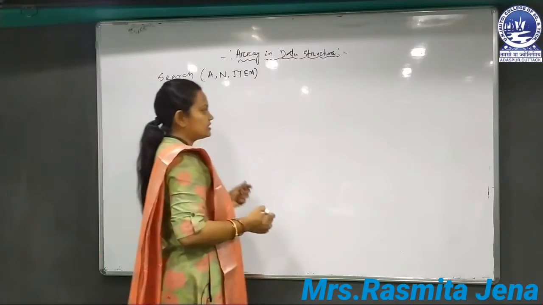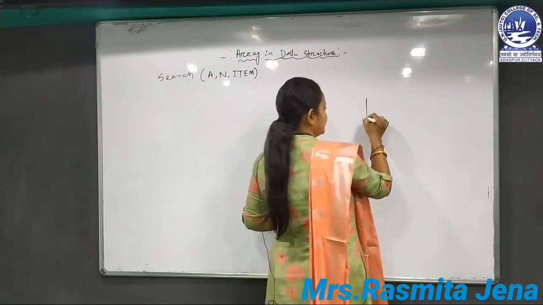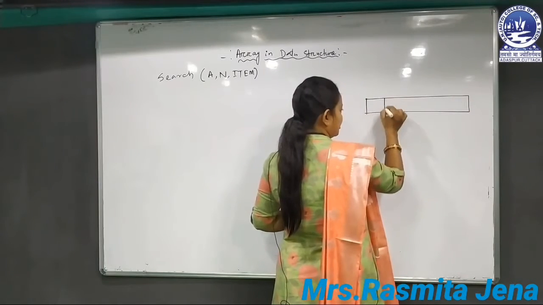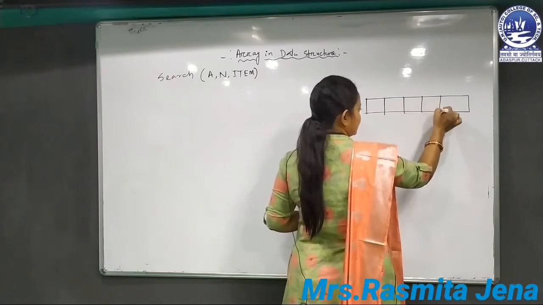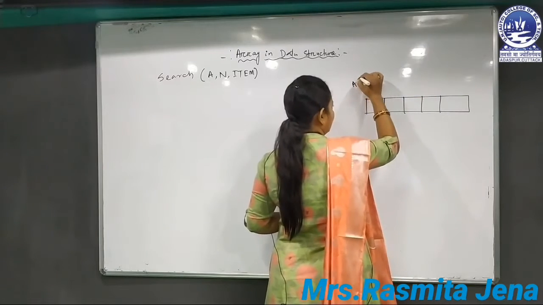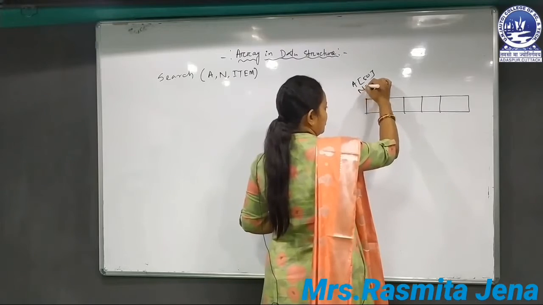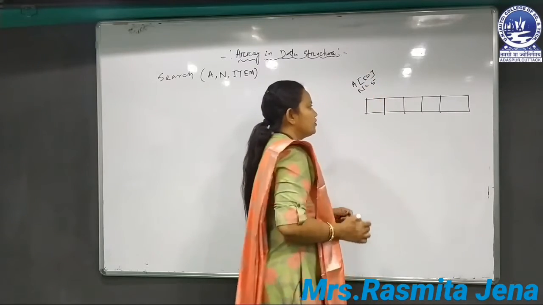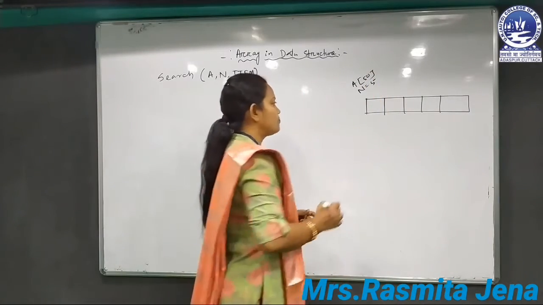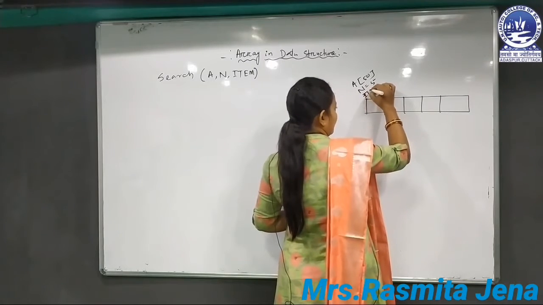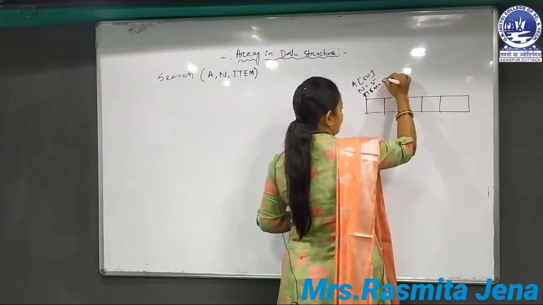Okay. Let us see the memory representation of the linear array and how we can search a particular element in an array. Suppose this is the array of size 50, and suppose we are inputting the size as 5, and the item to be searched is, suppose, 50.